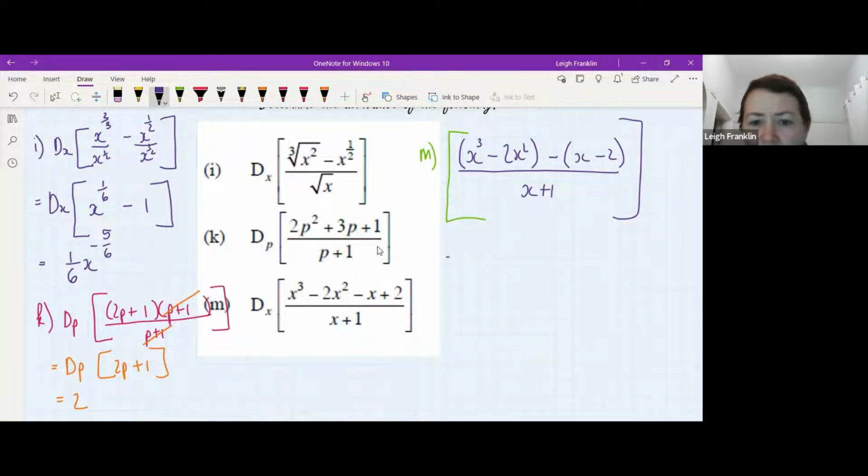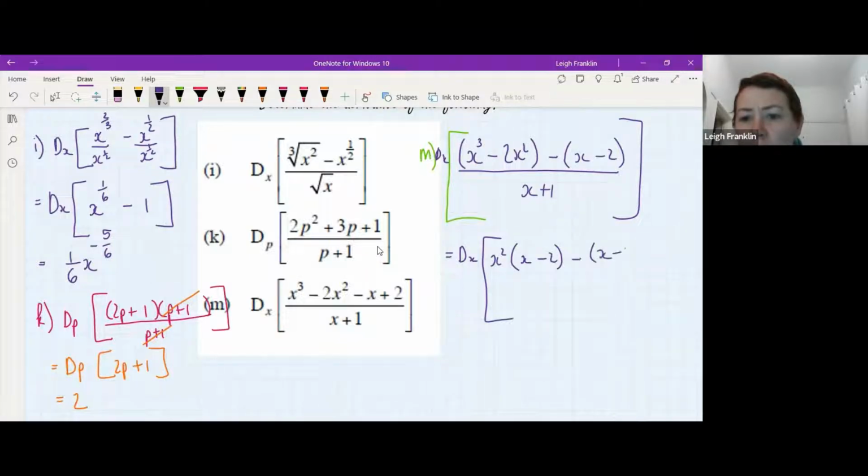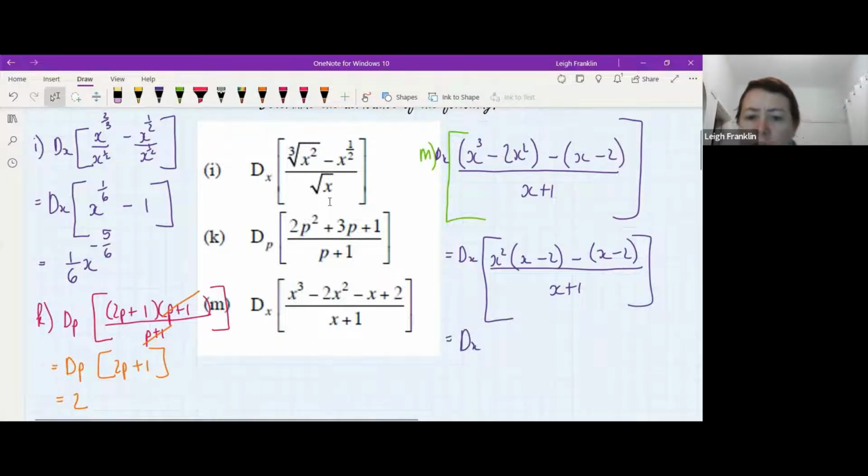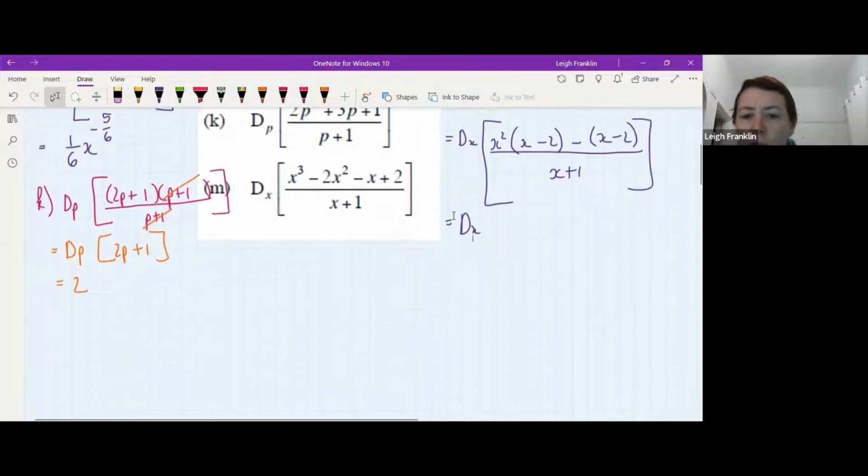Okay, which gives us dx there. Then here, if we take out an x squared, that gives us x minus 2 minus x minus 2 all over x plus 1, which then gives us, just move this up a little bit.